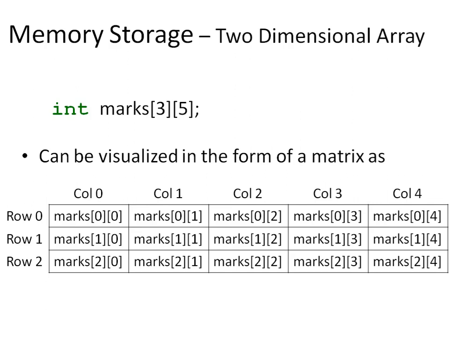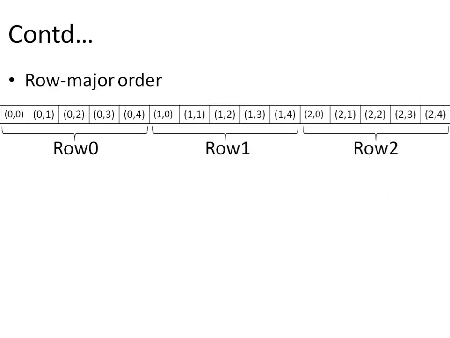Or we work with columns, that is column 0, then column 1, then column 2, column 3, and lastly the column 4. The same is visualized here. As we know, the first index represents row and the second index represents the column.